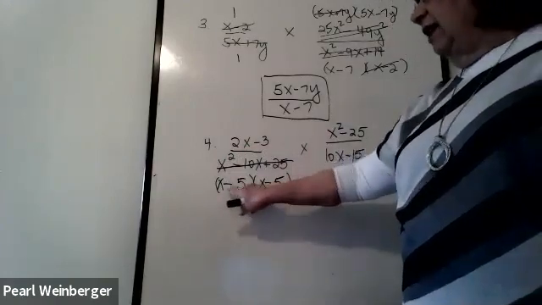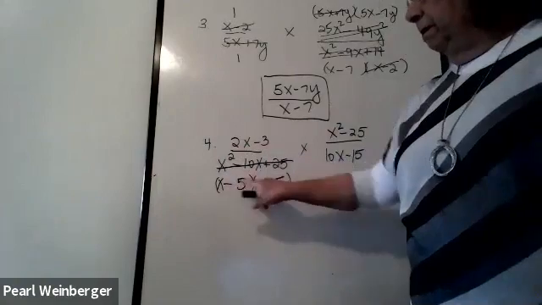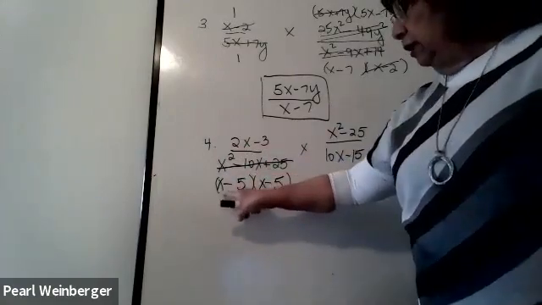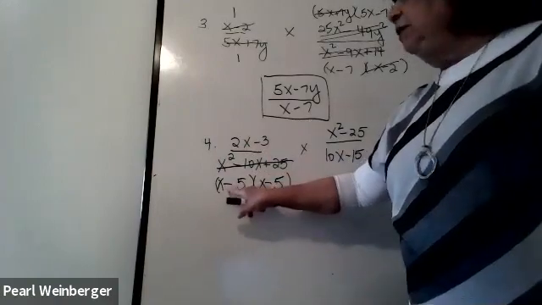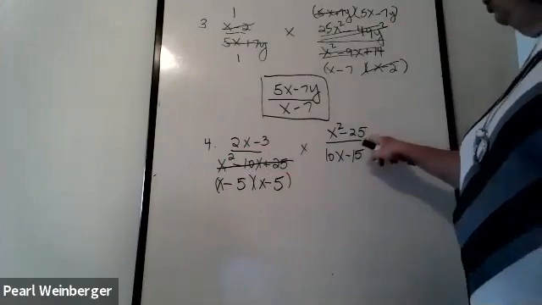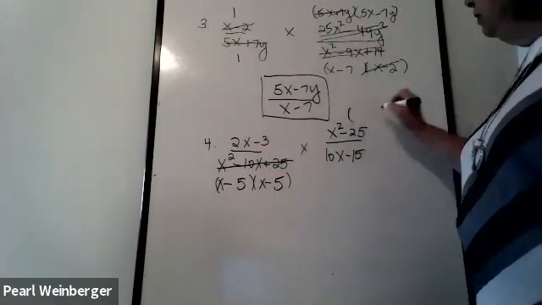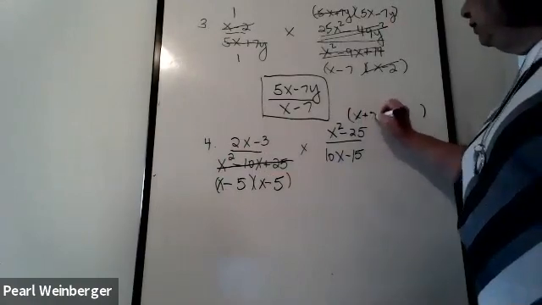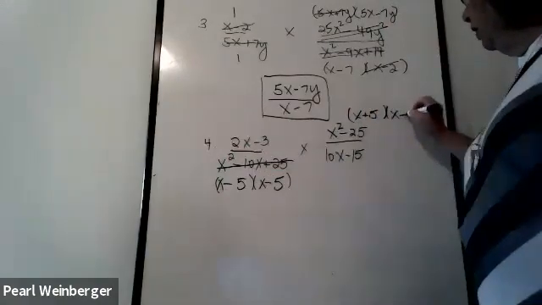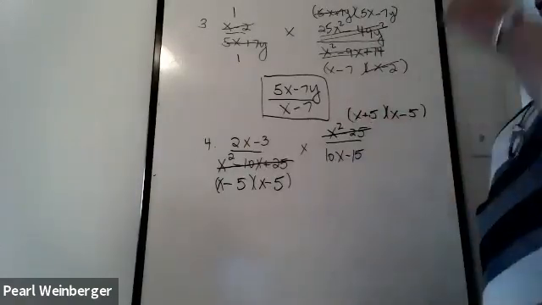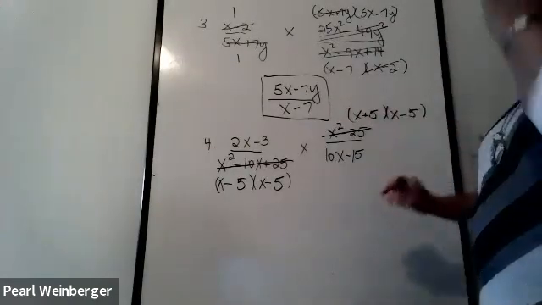This is a binomial squared, a perfect square binomial, but we can leave it separate as x minus 5 and x minus 5. The x squared minus 25 is a difference of squares, so that becomes, remember, x plus 5 and x minus 5. One is positive, one is negative, conjugate binomials.